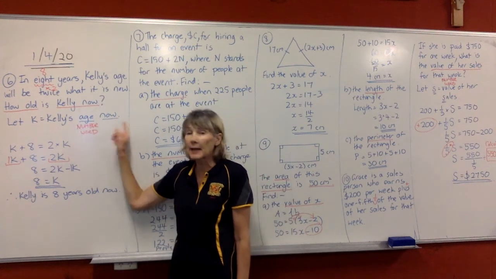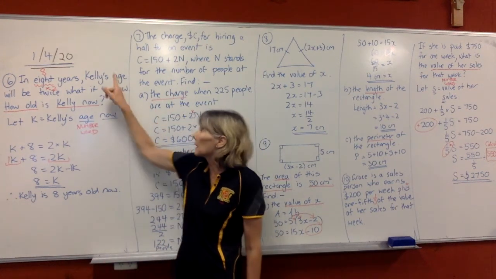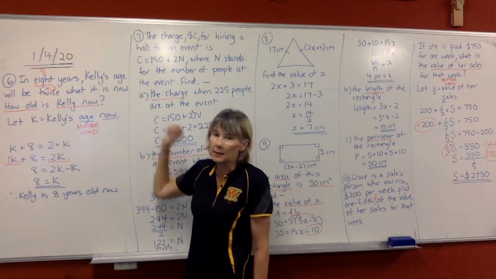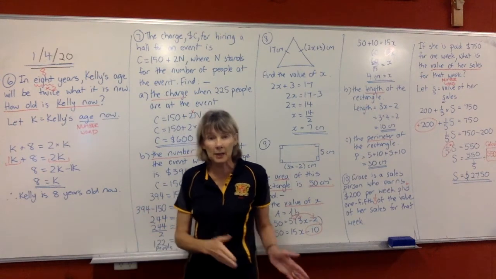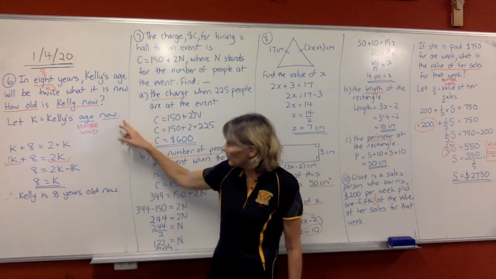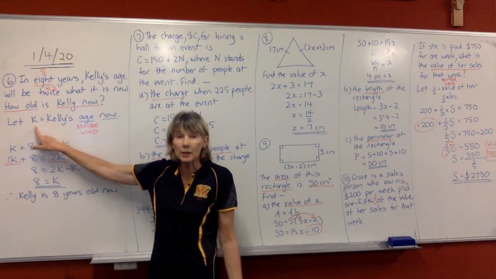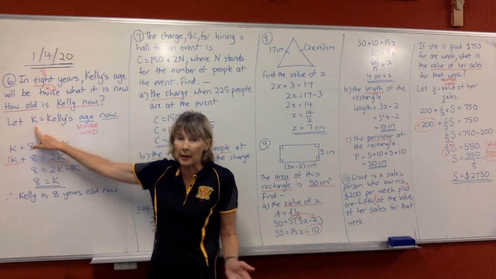Okay, so if K is Kelly's age now, then we have to look up here at this sentence and see what equation we have. In 8 years, so in 8 years' time, Kelly is going to be 8 years older. So at the moment, she's K years old. In 8 years' time, she'll be 8 years older. We need to add 8 years to her age.